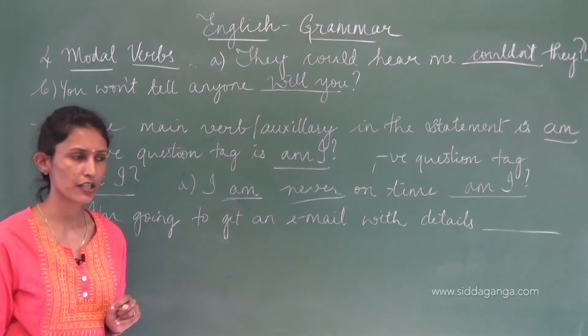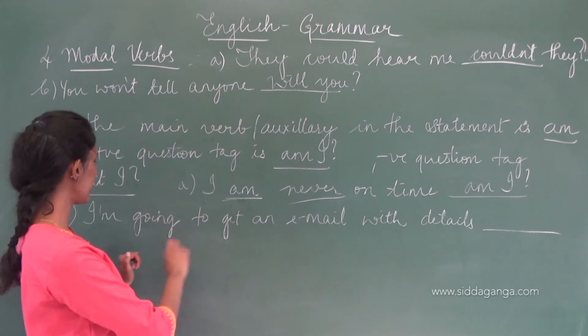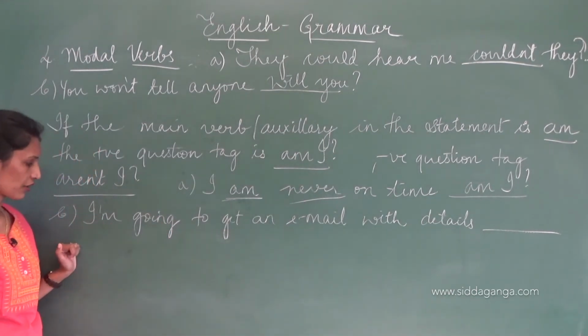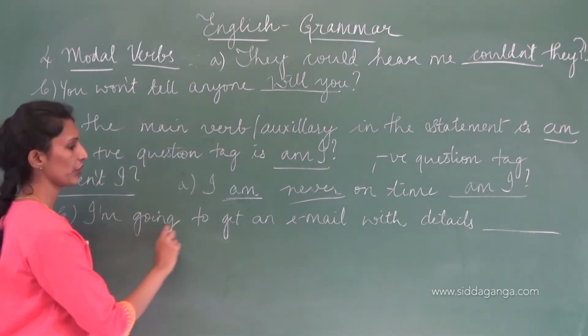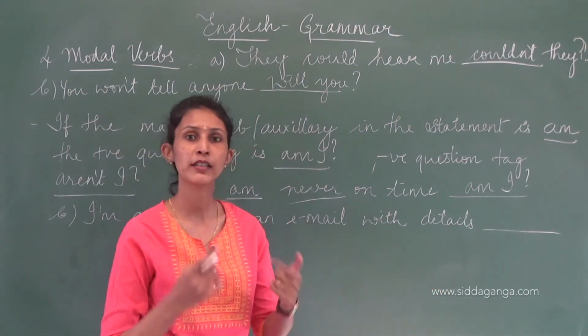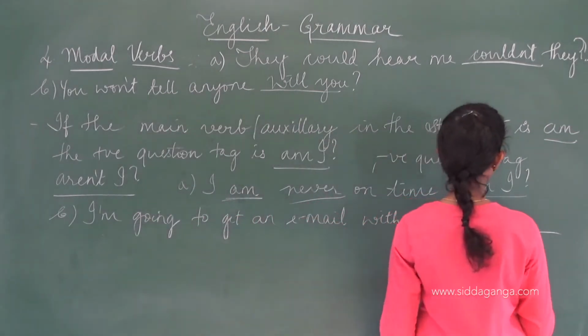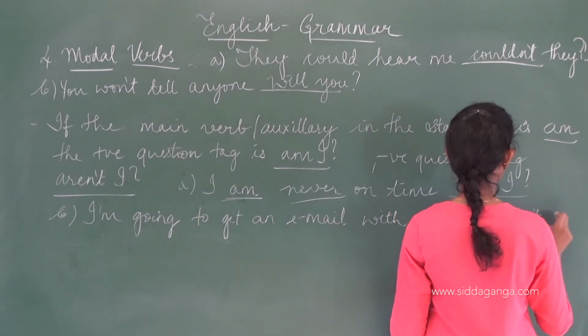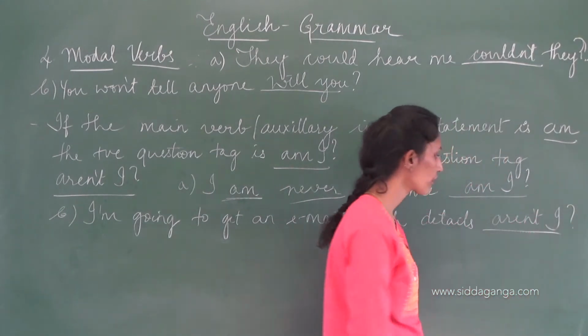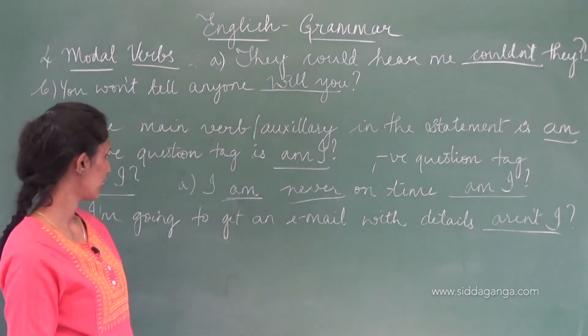Very positive statement. You have to use a negative question tag because he is saying I am. I am is a shortened version. I am going to get an email with details. Very sure that he's going to get an email with details. Aren't I? All right.